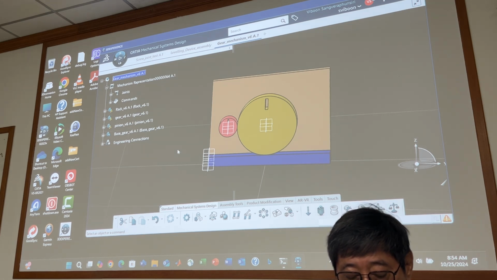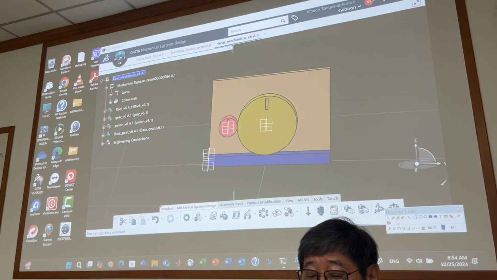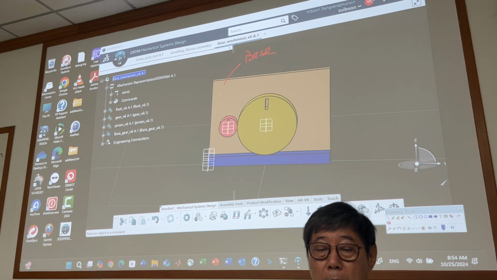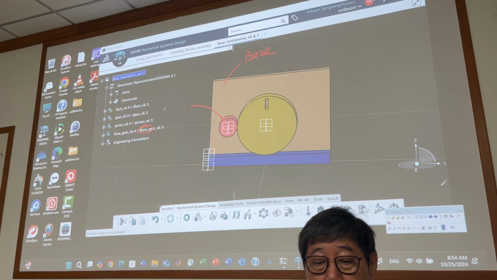I have this one, this is a base, right? Base. Okay, this is a base. This is a small gear.